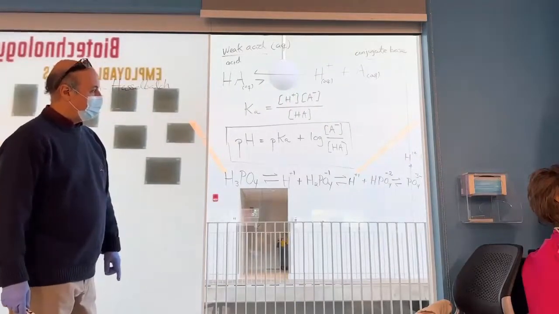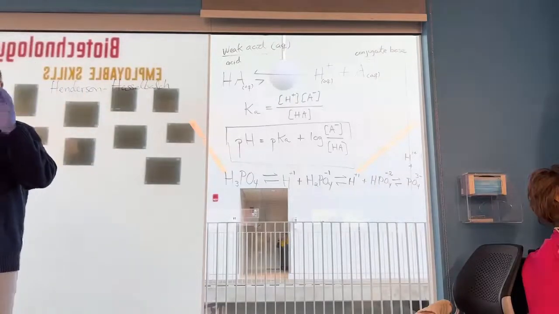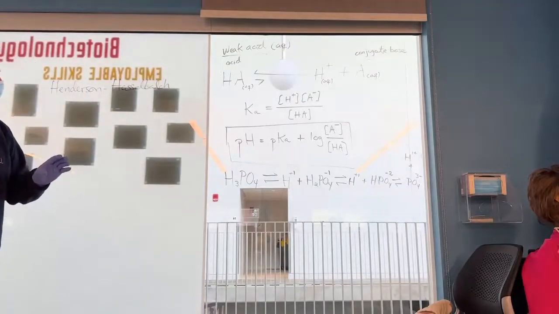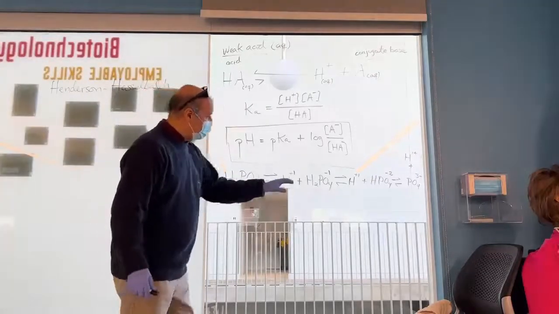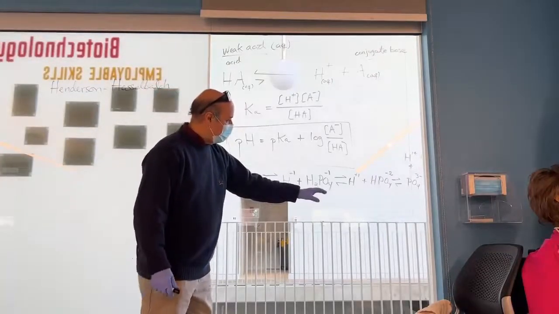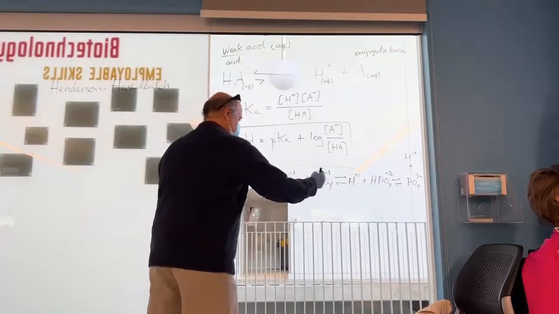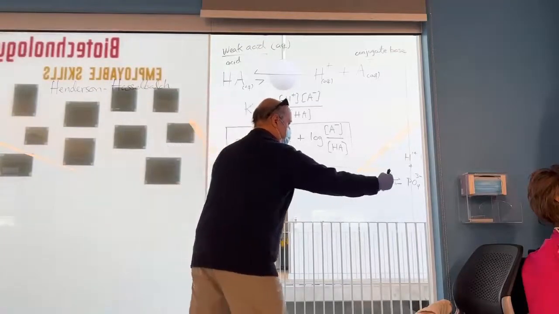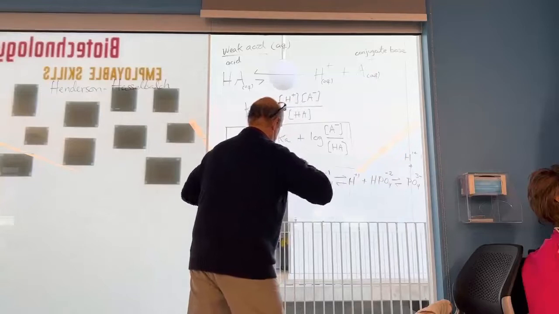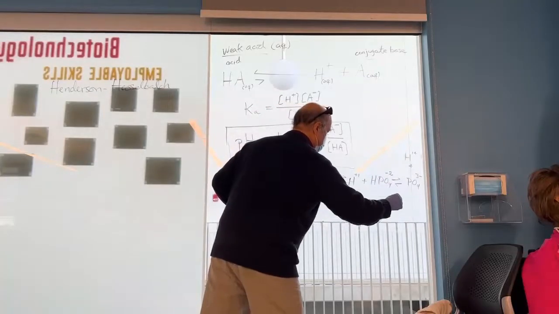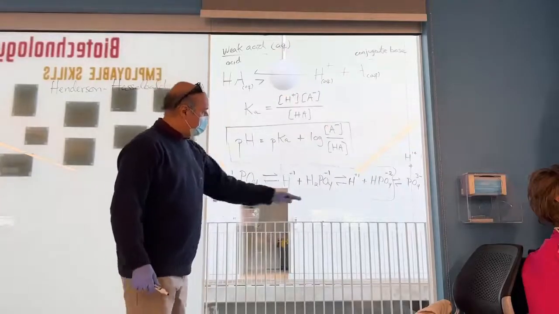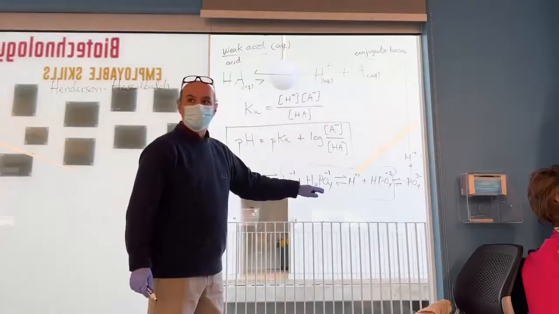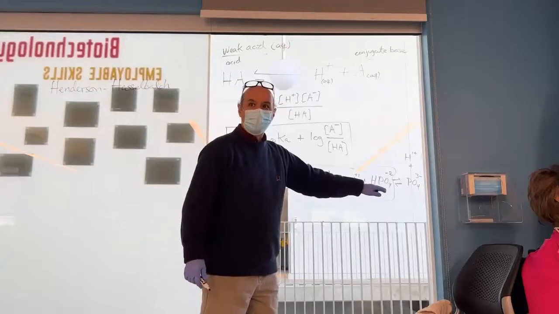Thank you. So let me just make another statement, and then I'm going to ask you a question. If this is the acid, this is the conjugate base. But if we ignore this dissociation and we look at only this dissociation, if somehow we could isolate it, then this guy is the acid and this is the conjugate base, correct?